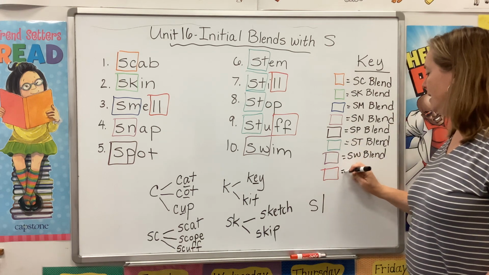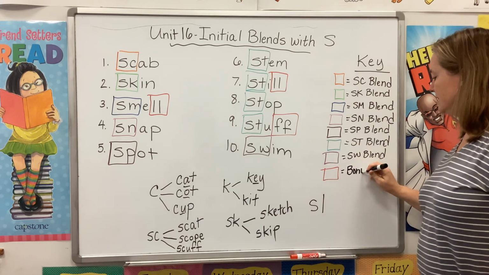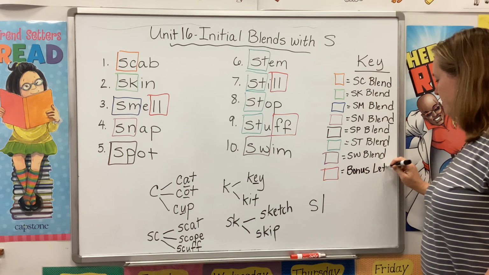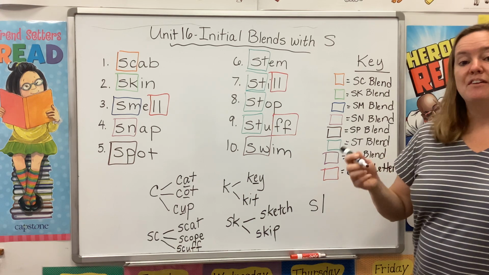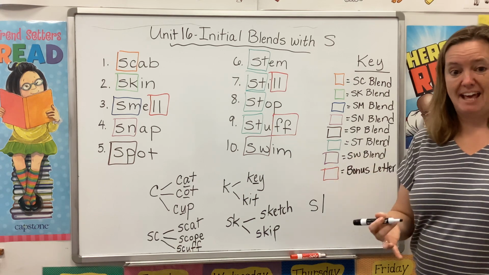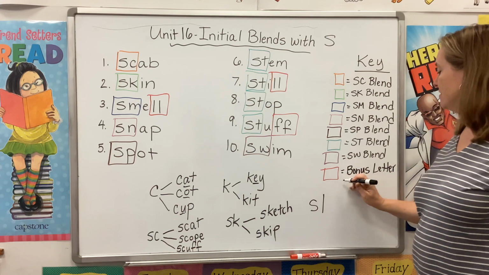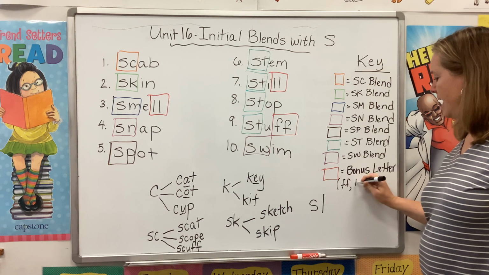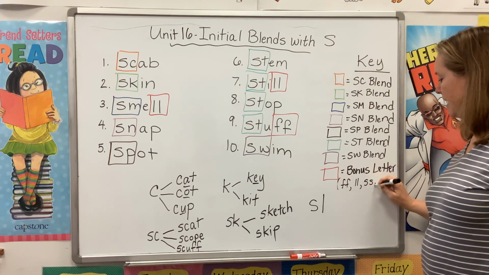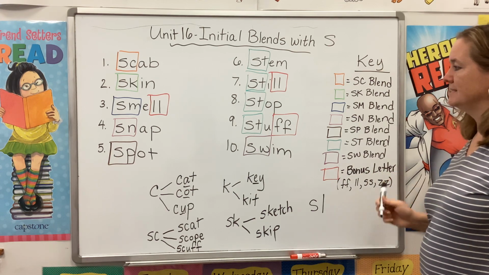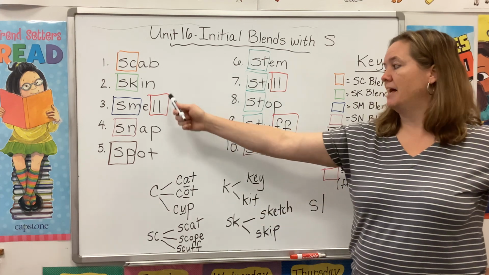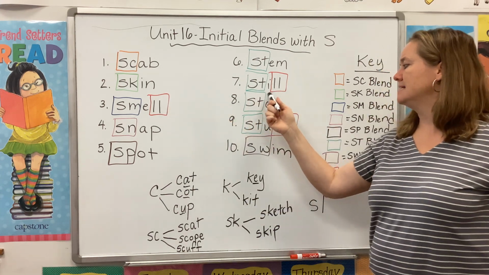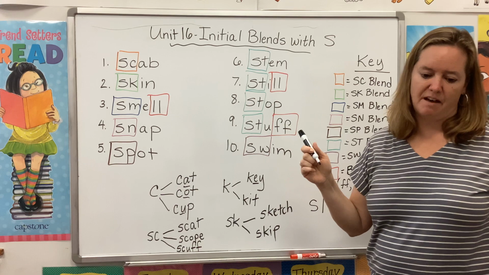Anything in a red box is a bonus letter. And that's a letter that likes to show up as a pair or a set at the end of a word. And usually our bonus letters are FF, LL, SS, or ZZ. So we see our bonus letters in smell, still, and stuff.